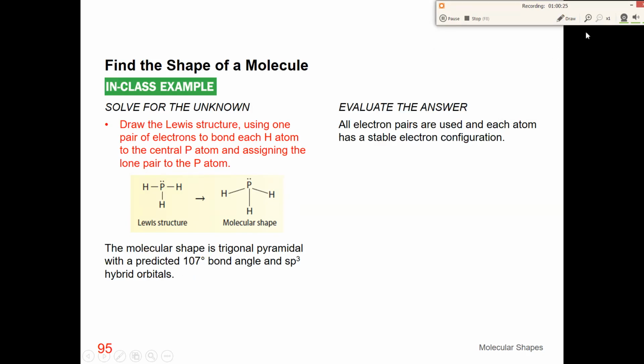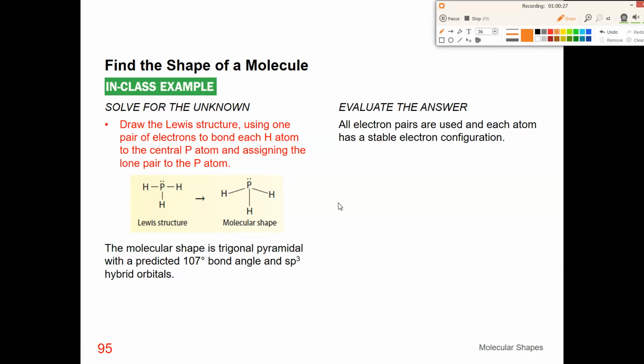And remember we talked about the tetrahedral. Perfect tetrahedral is 109.5 degrees. However, this lone pair, remember we talked about lone pair takes more space.